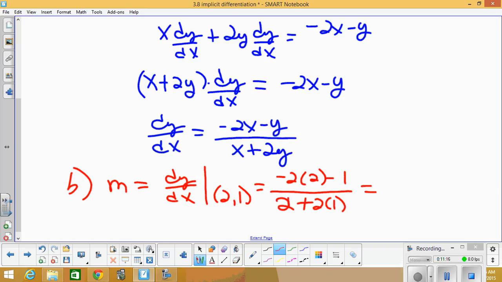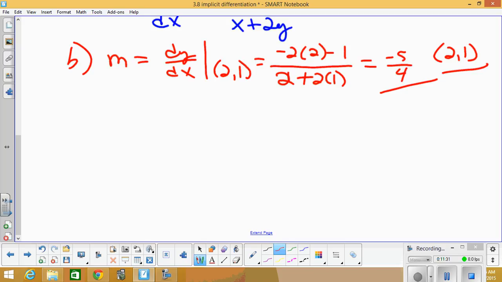And I should get a slope of negative 5/4. All right, from here, I'm also going to use this point (2, 1) and these two pieces of information in my point slope formula to find the equation of the line.